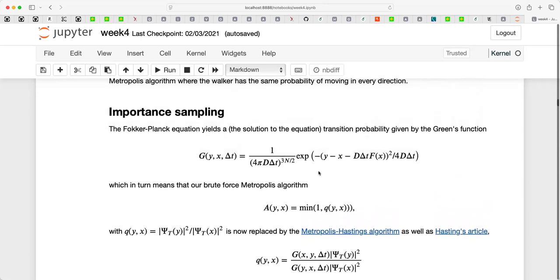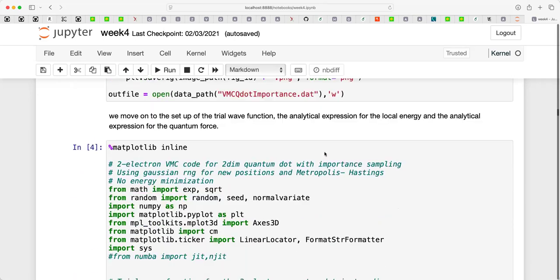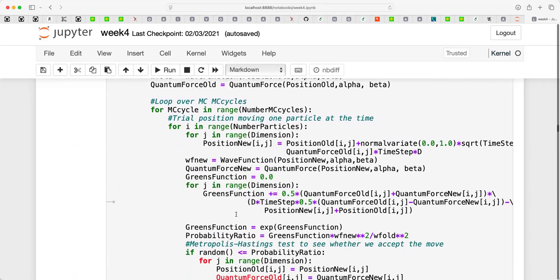So that means that, instead of calculating two exponentials, I calculate the argument to the exponential, which is a ratio between the numerator and the denominator. Because calculating two exponentials is also time consuming. So I calculate these arguments, and that is what I call the Green's function here.